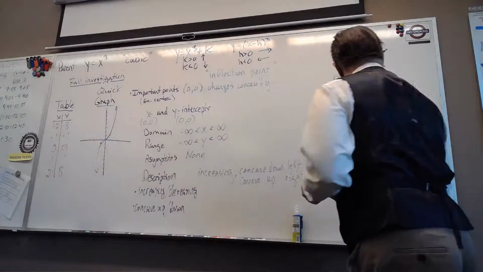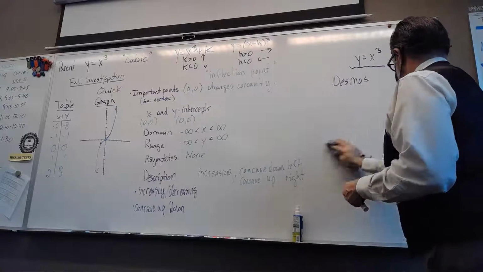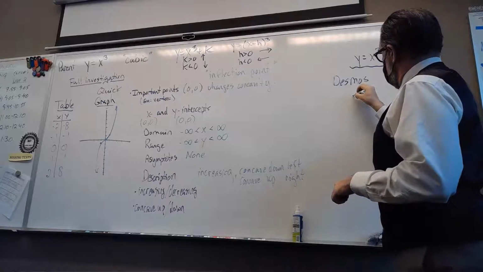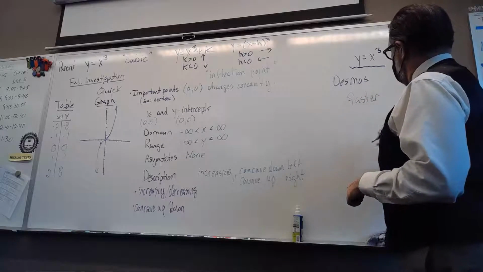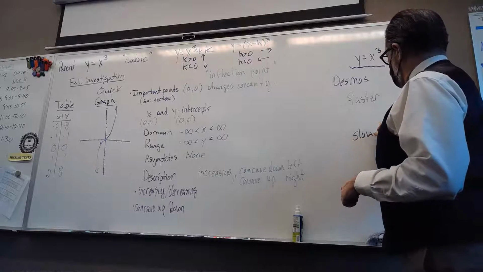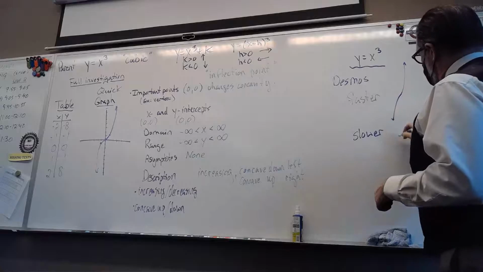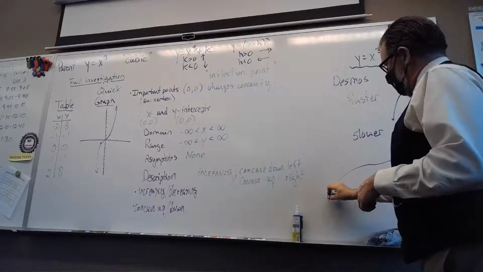All right. One more. I want to make it go up faster, and I want to make it go up slower. So I want my graph to be steeper, and I want my graph to be less steep.